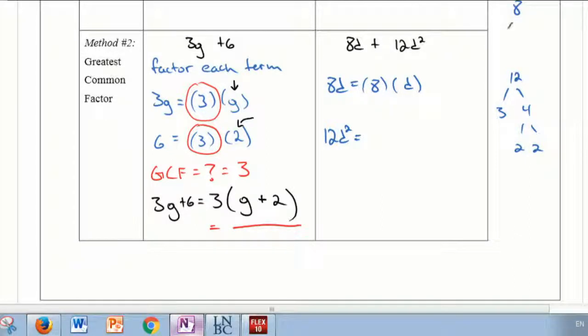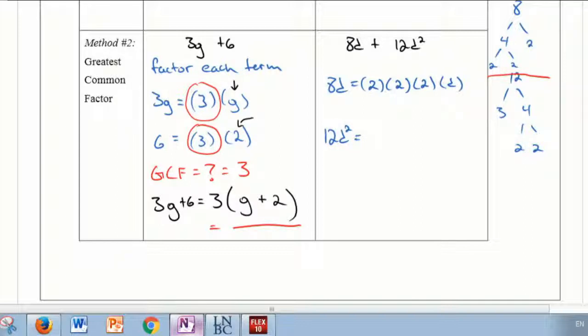I should do the same thing with 8. 8 is going to be 4 and 2, and 4 is 2 and 2. So instead of writing 8d, I'm going to write it as 2 times 2 times 2 times d.